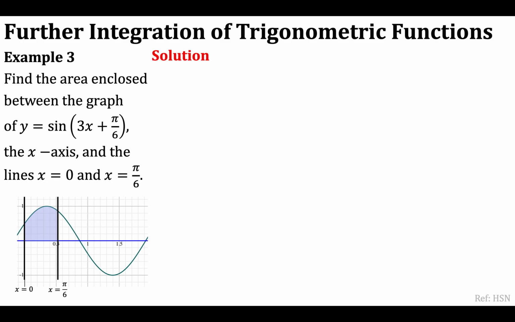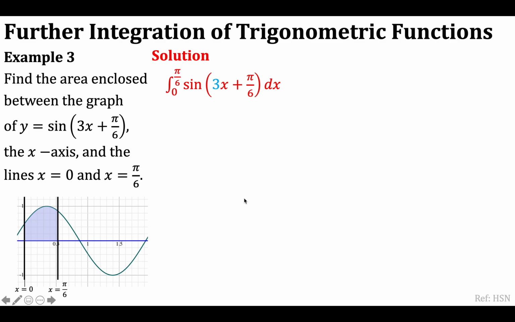So our solution then, we should remember from before that if we're trying to find the area between a curve and the x-axis, we can use integration to do that. And for our limits, we can use these boundaries, x equals 0 and x equals pi over 6. So we can set up our integral here.